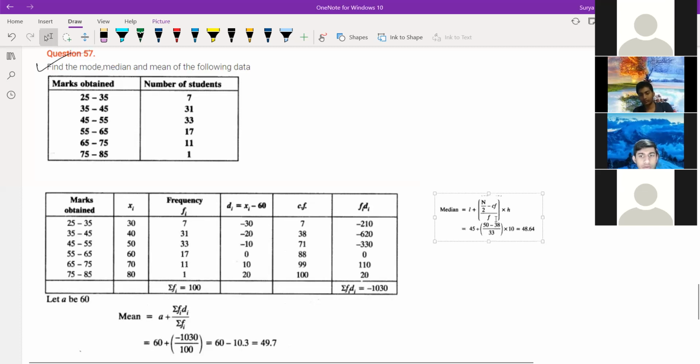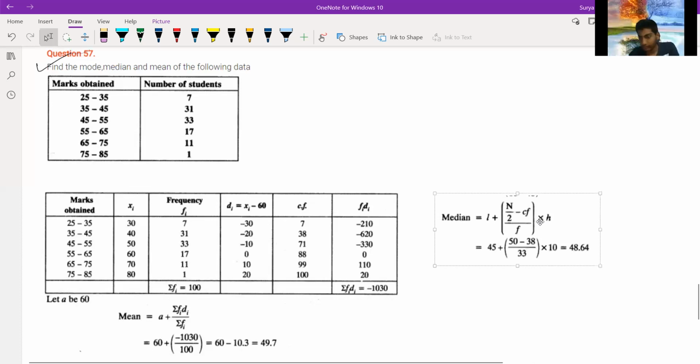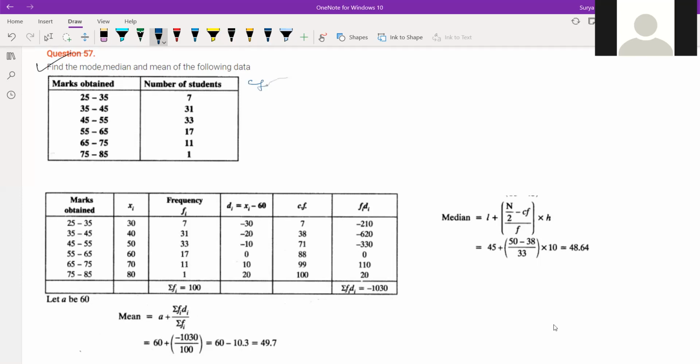Can you see this? Yes, sir, now I remember. So this is the formula of median, N by 2. For this one, you have to find CF also, right? So CF is found separately, then you can proceed further.